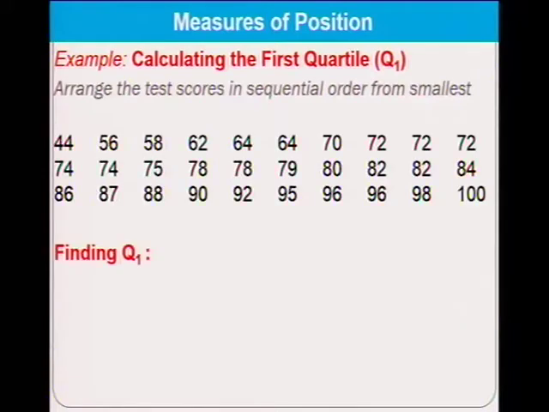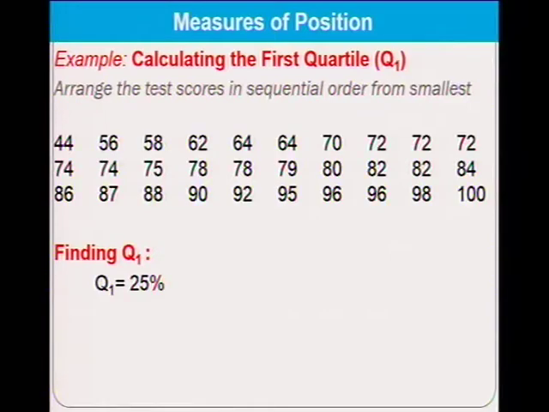Now, here's how we go about calculating the first quartile. In the first illustration, the data was just haphazardly put on that table. Now, we have arranged it in sequential order.